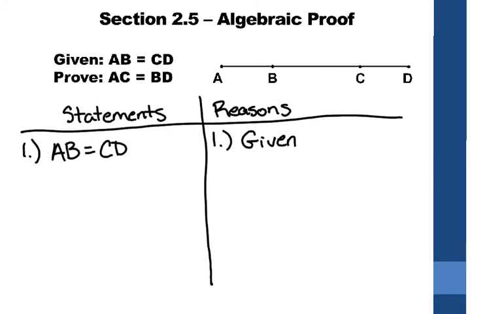Now, this statement right here that we are trying to prove, that is going to always be our last statement that we make. Way down here, once we figure out what goes in the middle to get down to our proof that AC equals BD. Make sure our reason doesn't say proven.